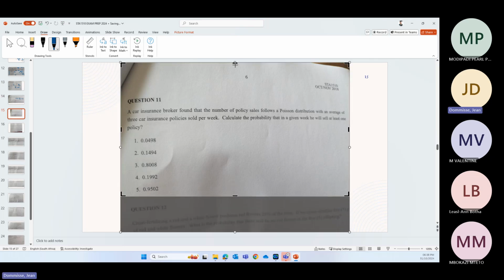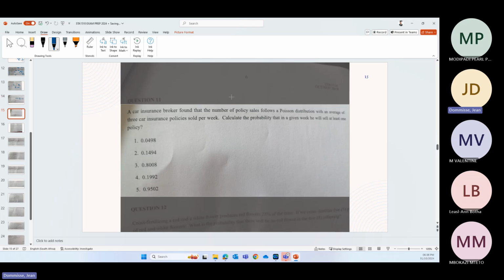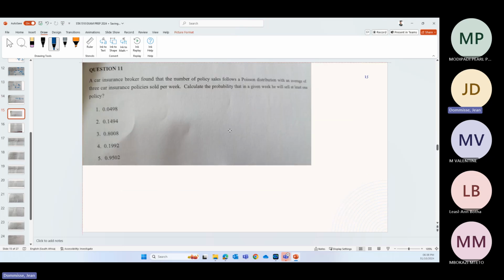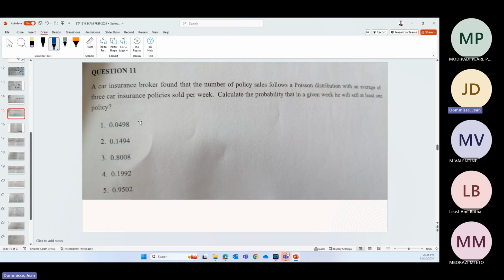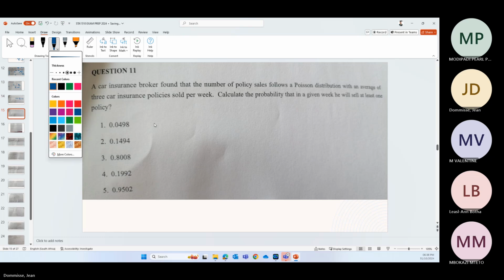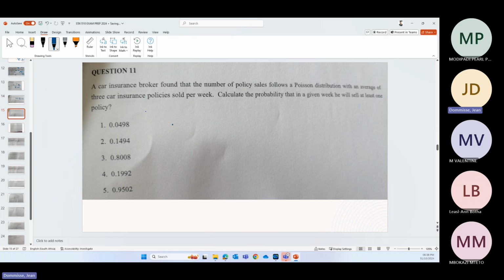Here's another one. Obviously, a lot of questions around insurance. Let's see, hopefully this one will work out. A car insurance broker found that the number of policy sales follows a Poisson distribution, with an average of 3 cars per week.